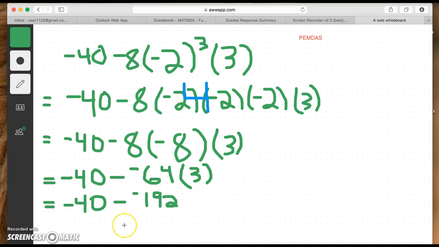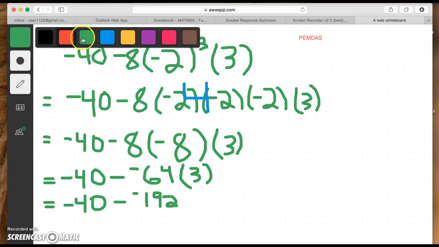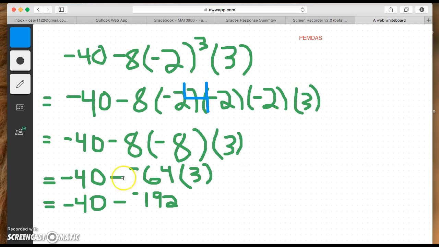Okay, so a nice trick here, guys, that is good to look at is anytime that you are subtracting a negative number, and you may have seen this, or maybe you'll remember this from taking previous math classes, but subtracting a negative is the same thing as adding a positive.